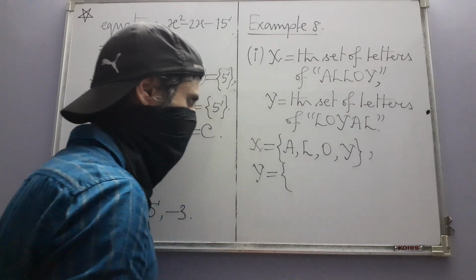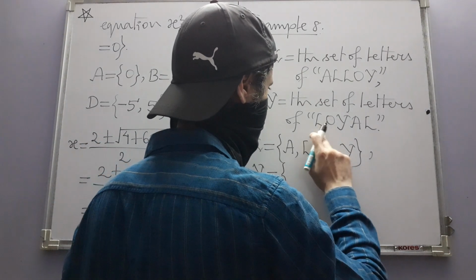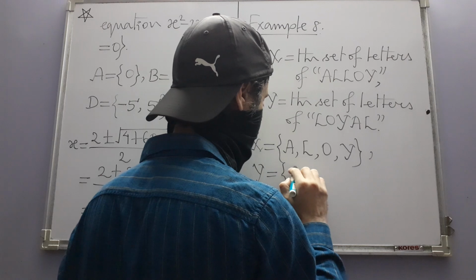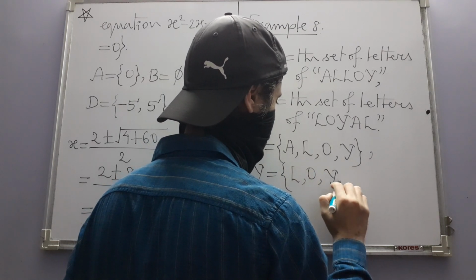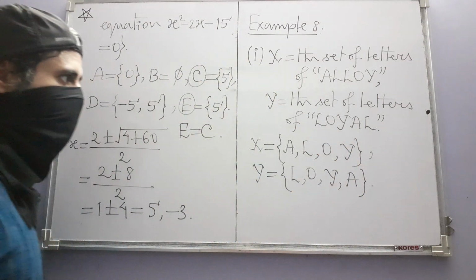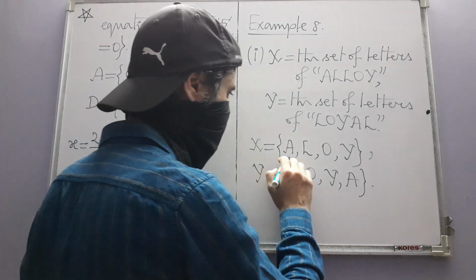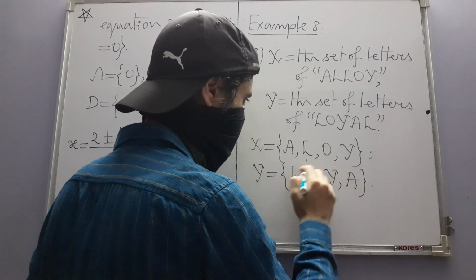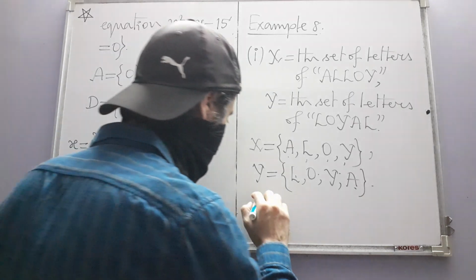Repeating letters is allowed, but that does not serve any purpose. What about Y? L, O, Y and A. And here we won't repeat L. Okay, so A, L, O, Y. Yes, they are equal.